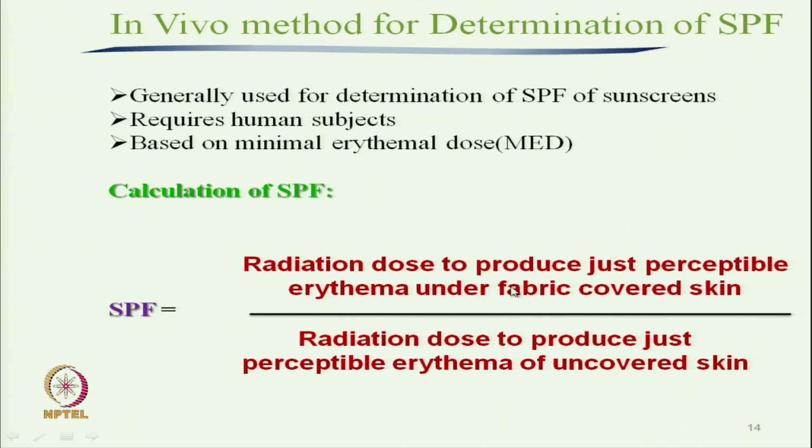So, it is the radiation dose to produce just perceptible erythema under fabric cover or any other sunscreen cover, divided by the radiation dose to produce just perceptible erythema of uncovered skin. So, for a certain time we change this radiation dose, and then we measure the dose intensity.